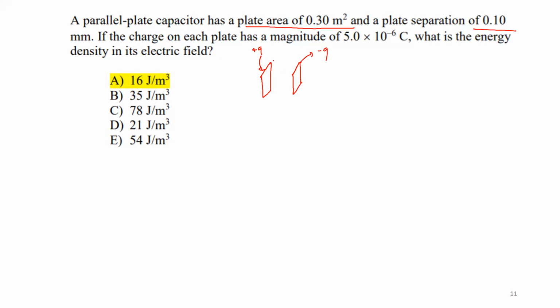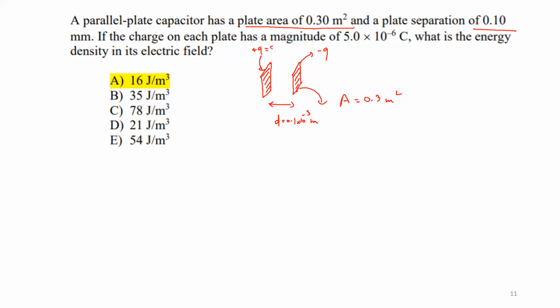Of course, this area is equal to this area and is equal to A, 0.3 meters squared. And the separation distance between them is D, 0.1 millimeter. Of course, you put it in meters, so 10 to the power minus 3 meters. Now I give you the charge on each plate in magnitude.